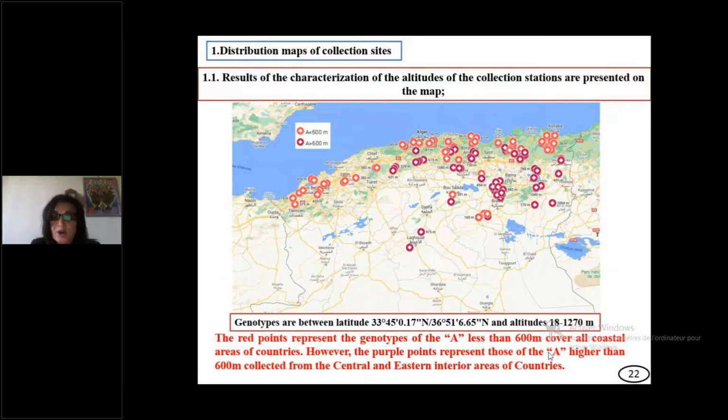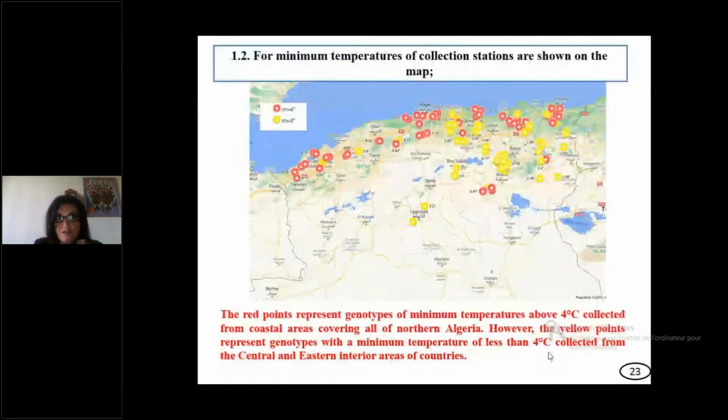However, the purple points represent those of altitude higher than 600 meters, collected from the central and eastern interior areas of the country. The minimum temperatures of collection stations are shown on the maps.